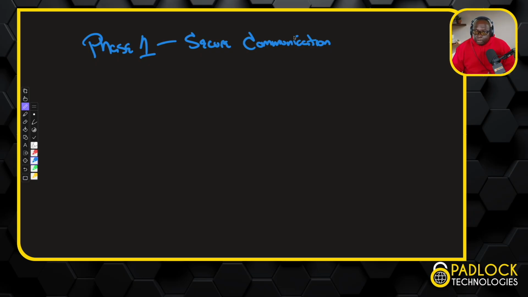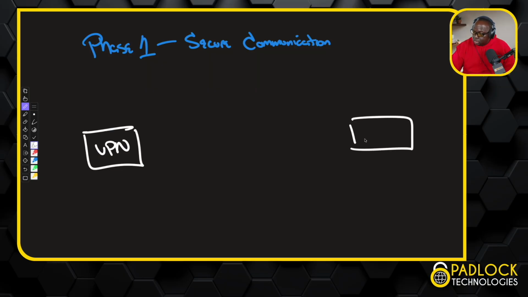So, what are some of the things that happen in phase one? We're going to do our VPN head ends again, and we're strictly going to talk about the VPN head end. What happens is we're going to exchange some algorithms, and we're going to run one algorithm called Diffie-Hellman to get a symmetrical key for phase two.